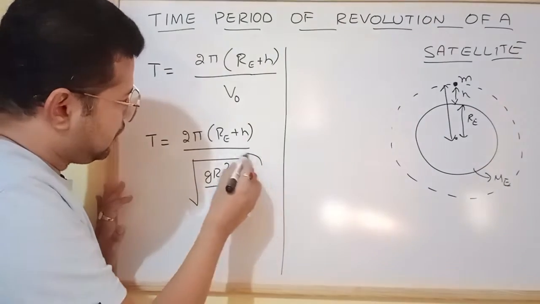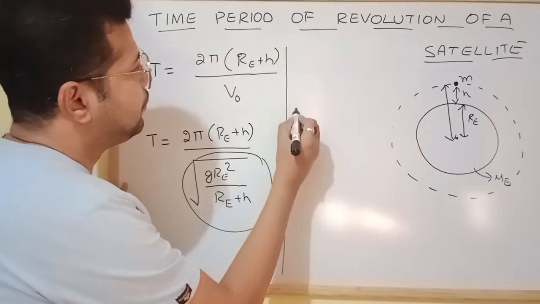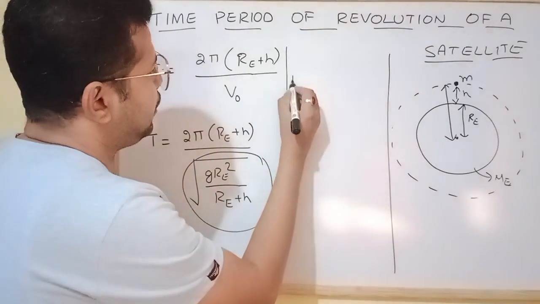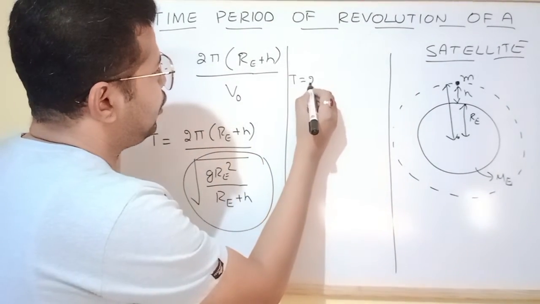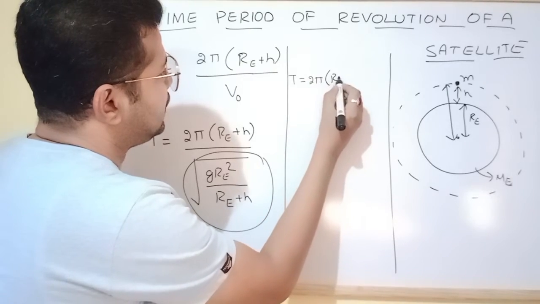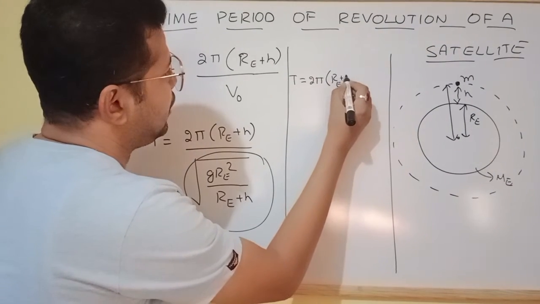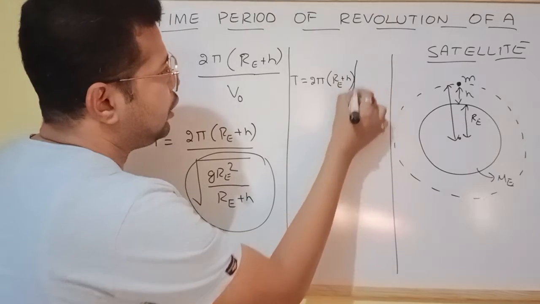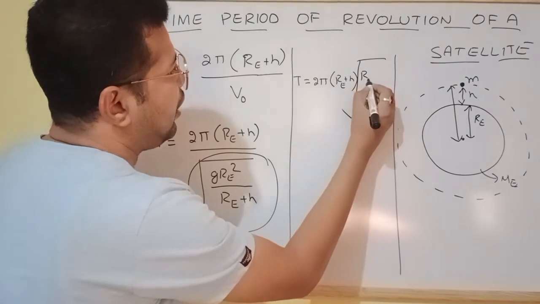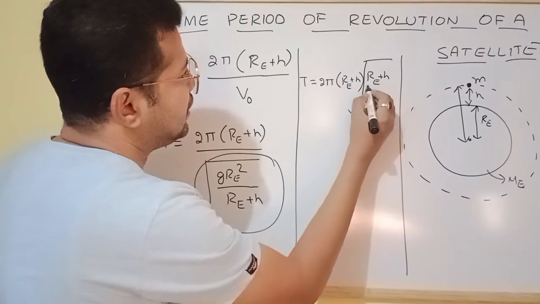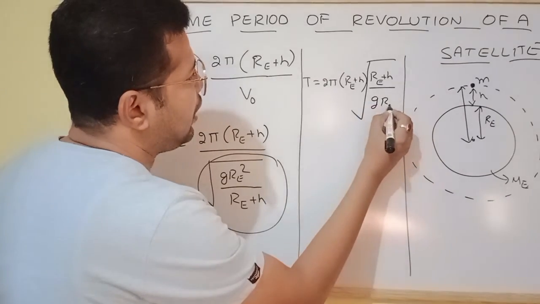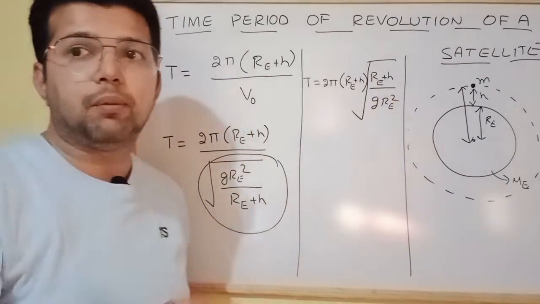We will bring this term to the numerator. So what happens? Time period will be equal to 2 pi into Re plus h, into the square root of Re plus h divided by G Re square.